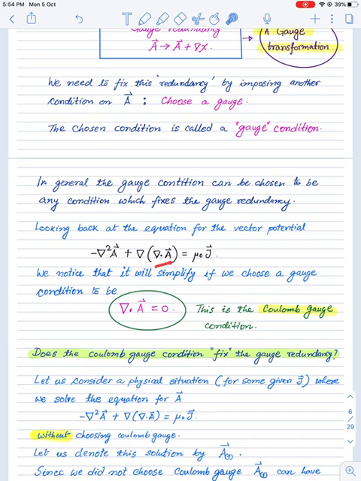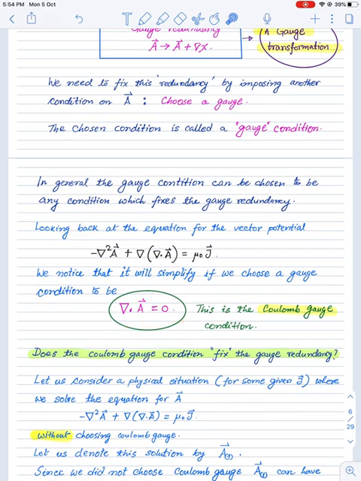So in order to simplify life, we can choose a condition that says the divergence of A is equal to 0, and this condition is the gauge condition that fixes our chi. That fixes this redundancy, by putting a condition on the vector potential.